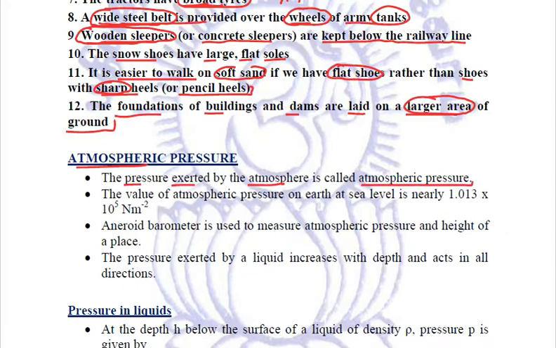The value of this atmospheric pressure when we measure it on Earth at sea level is approximately 1.013 × 10^5 newton per meter square. Right? Quite important. An aneroid barometer is an instrument which is used to measure the atmospheric pressure and height of a place.